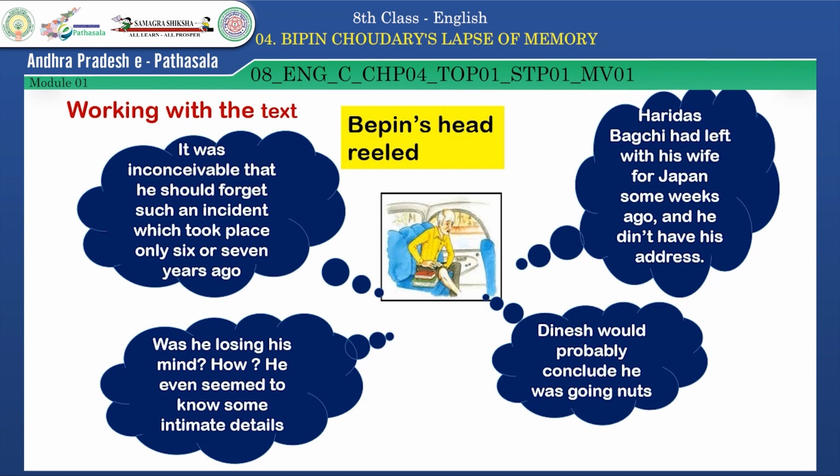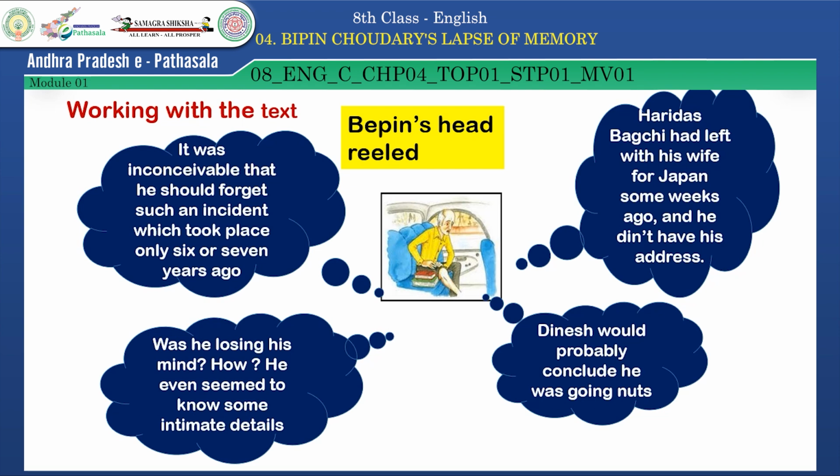So here, Bipin Babu started worrying about his memory loss. He might be thinking that Parimal Ghosh, whoever revealed the facts or intimate evidences provided, he might be right. And he had a friend, Haridas, but he is not here now.